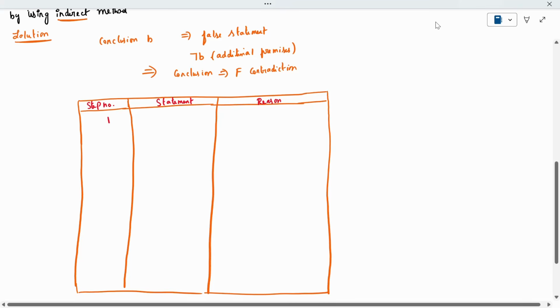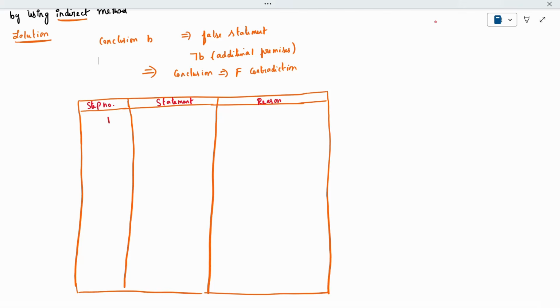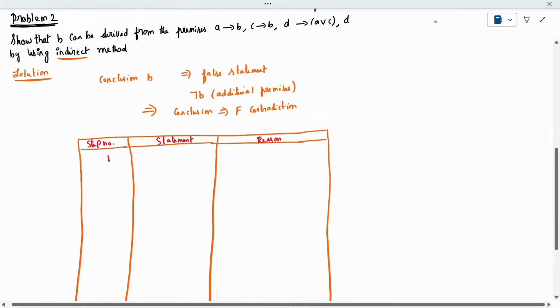So first step. Okay, so what is the question given? What are the premises given? A is conditional on B is the premise given. That first I will introduce. A is conditional on B, premise. It's a P rule. So write P rule.